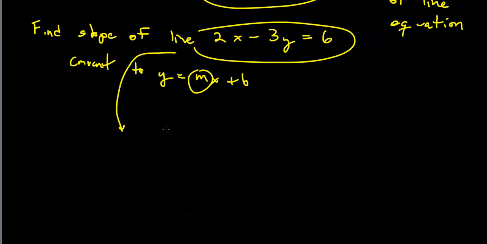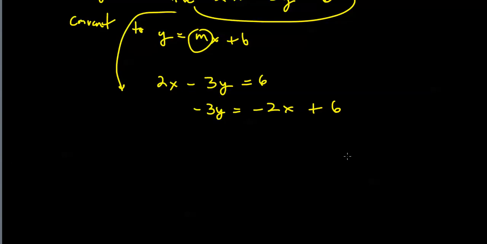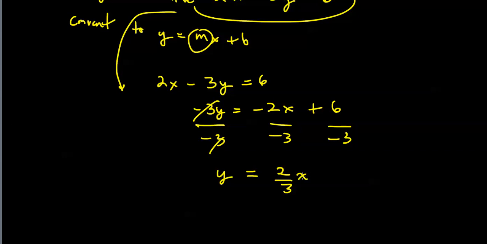So I'll take this equation 2x minus 3y equals 6 and do algebra on both sides of the equation. First I'll subtract 2x from both sides. Then I'll divide all terms, both sides, by minus 3. The minus 3's cancel on the left, of course, and I'll get y equals minus 2 over minus 3, which reduces to 2/3, so that term is 2/3 x plus, of course, a minus 2.